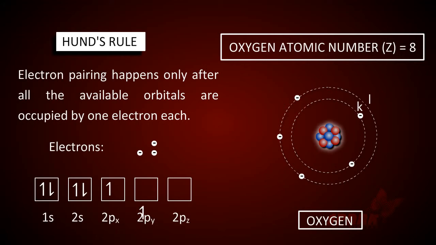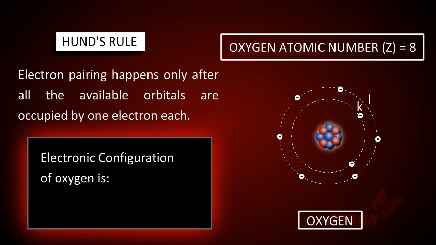into the 2py. Then the seventh electron will go into the 2pz instead of pairing up with the electrons of 2px or 2py. Now, since all 2p orbitals have one electron each, the eighth electron can pair up with any of the three electrons in 2px, 2py or 2pz.